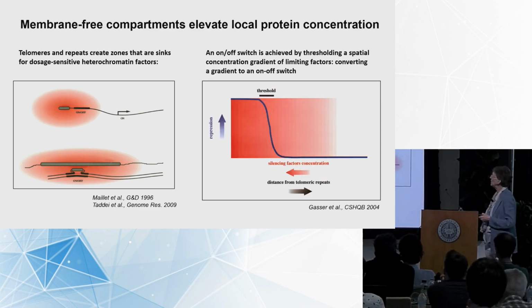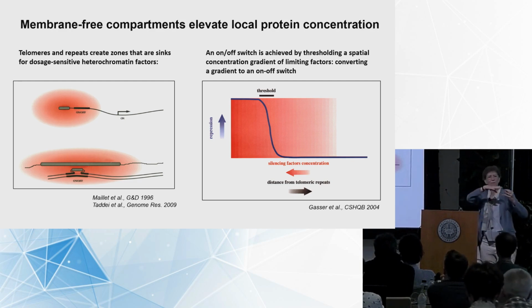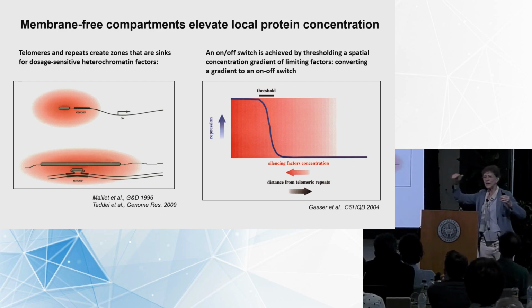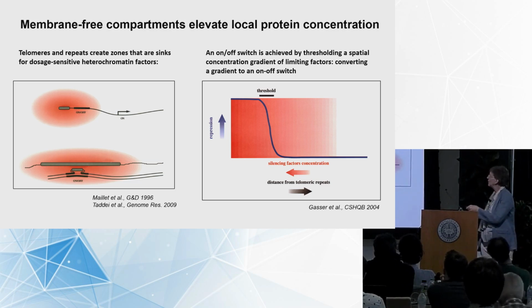And in fact, in repressive chromatin, a linear gradient from concentrated to less concentrated can be converted into an on-off state, so silenced and not silenced, simply by creating a kind of threshold for switching into a silent state.